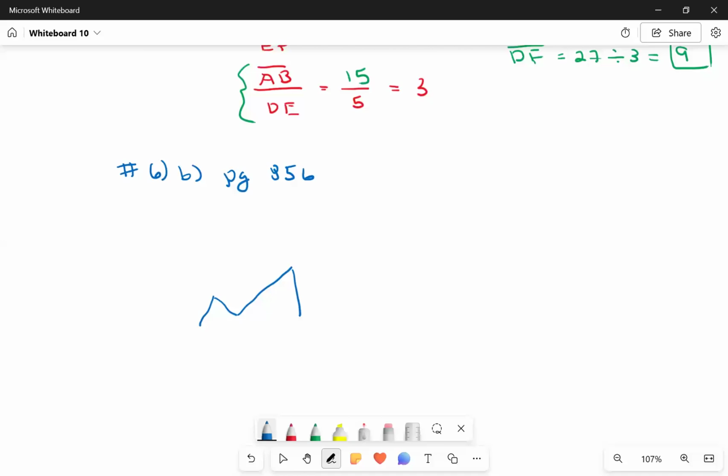They label this G, F, I, H, and this one's J in the corner. Then they tell me that this is 1, and this is 2, and this is 4. And then we have a bigger version of this.